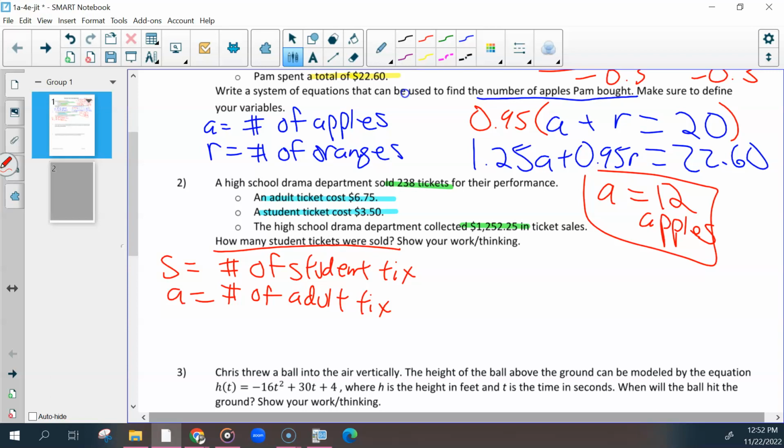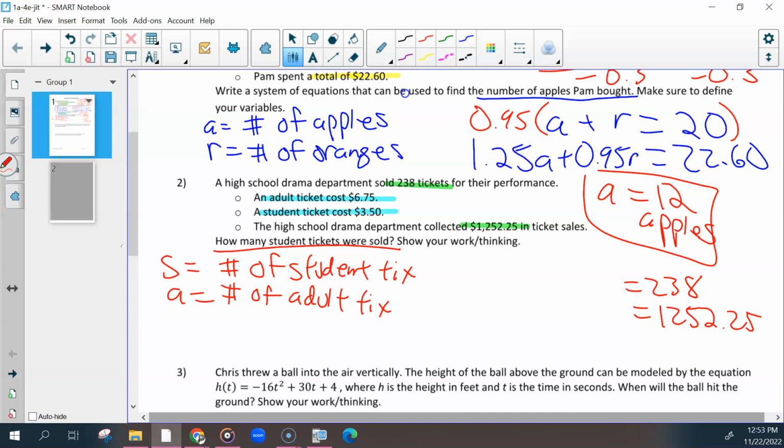The two things that these equations are going to equal are the 238 and the 1,252.25. Again, money goes with money. So the two things that talk about money are going to be in the money equation.